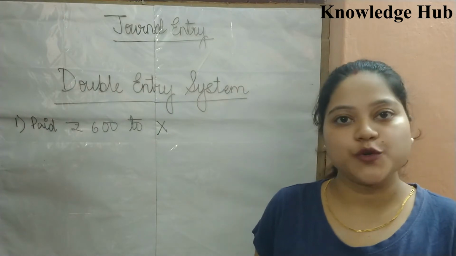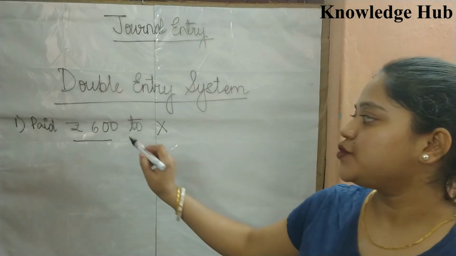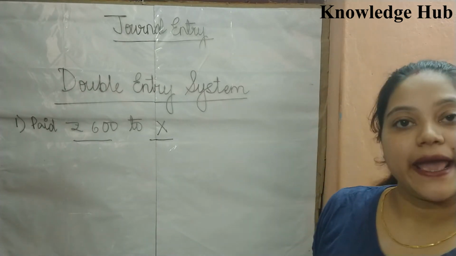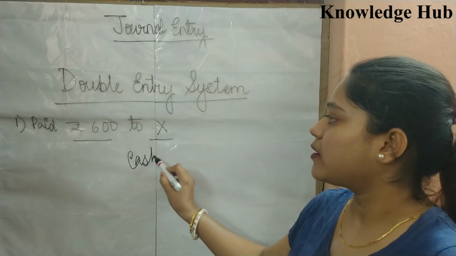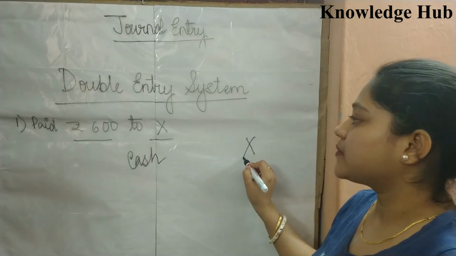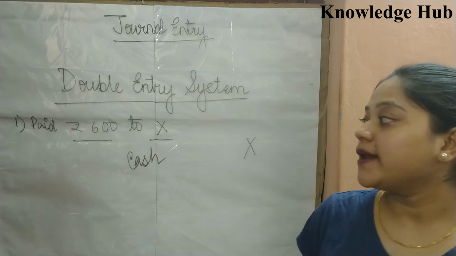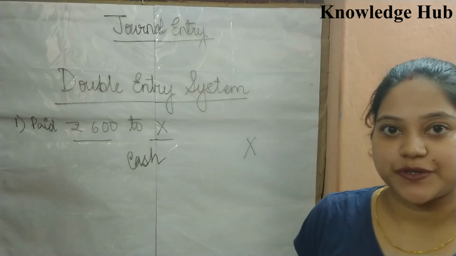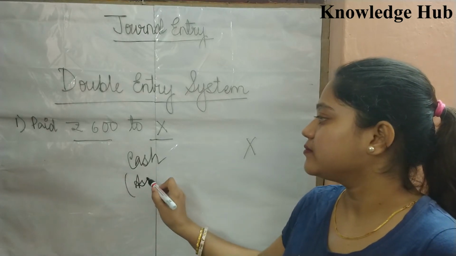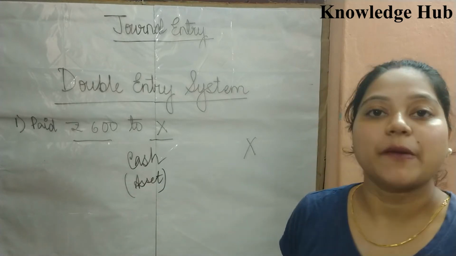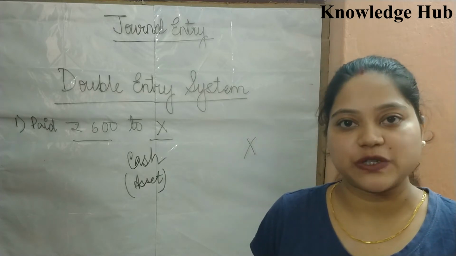Paid rupees 600 to X. So the 2 accounts involved are cash and X. So every transaction will affect at least 2 accounts. Now let us determine the nature of these accounts. Cash will be an asset account because it is the property of the business and it will help the business to derive future benefits from it.